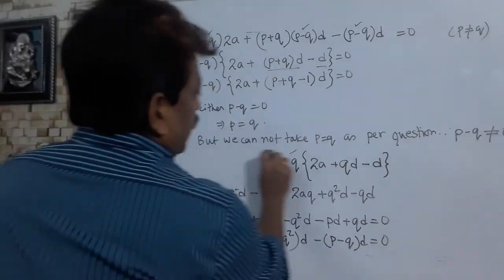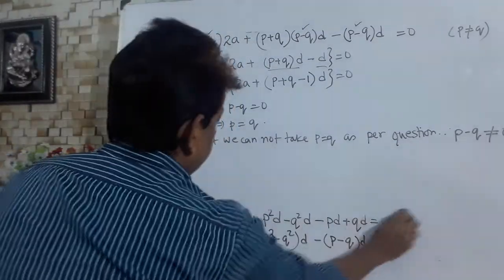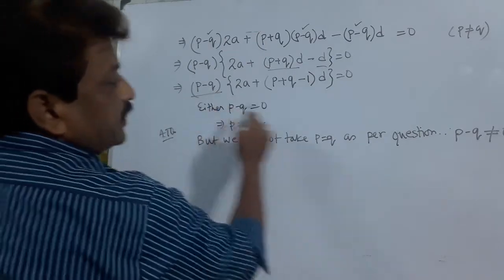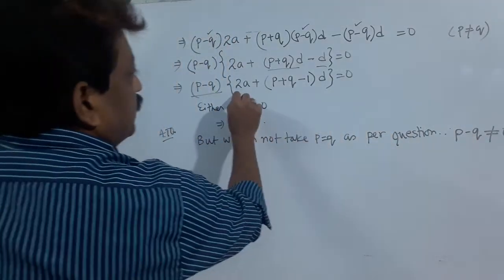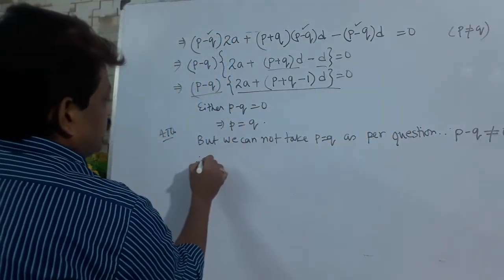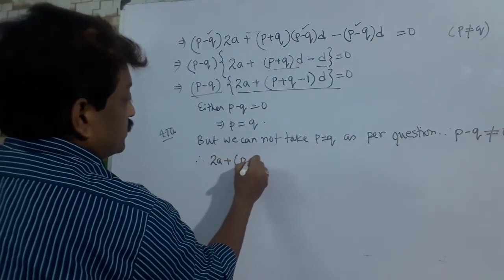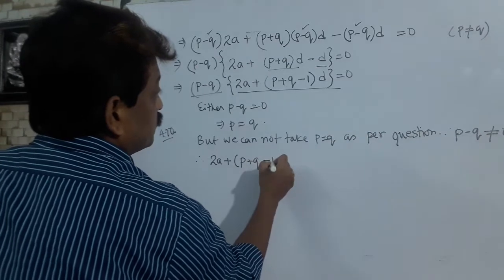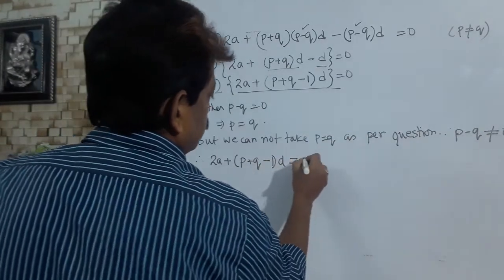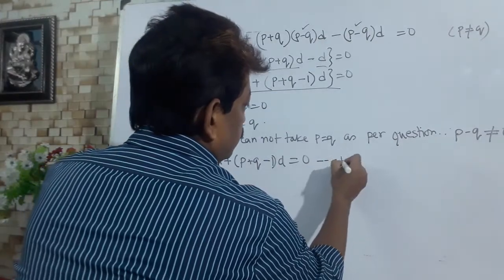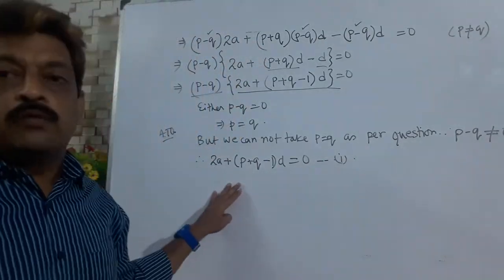So we have to take the other factor as 0. The first factor cannot be taken as 0. So the other factor is 0. Therefore, we have to state 2a plus p plus q minus 1 multiplied with d equals to 0. So we have got one relation here. This is equation number 1.